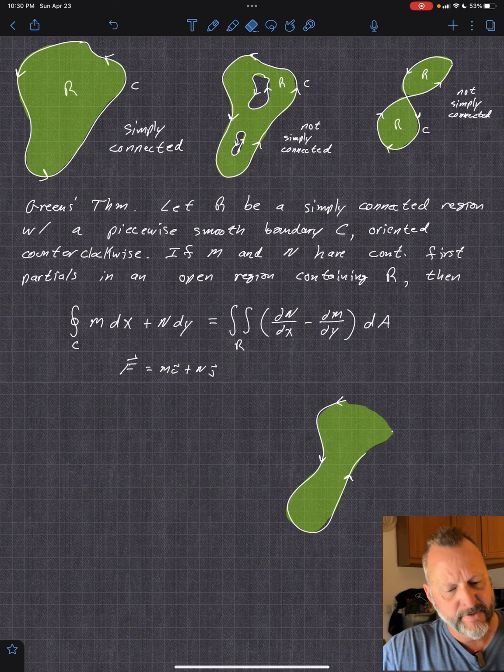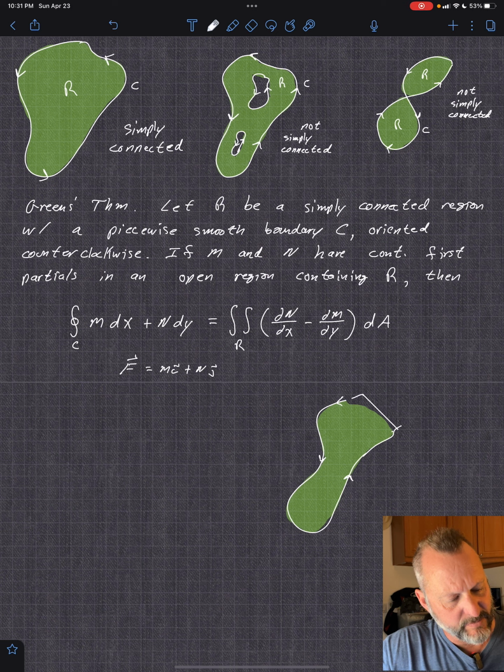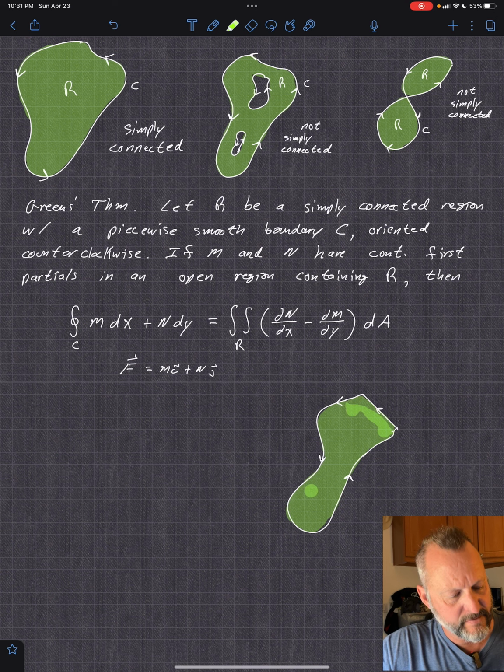It could go like this, then have a corner, then go straight for a little bit, and then go back. Who knows? It could do something weird like that. So there's your region.